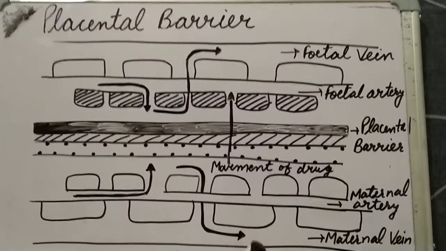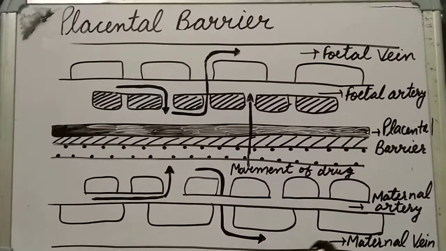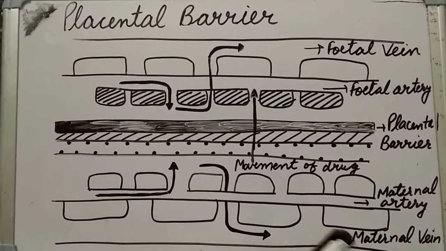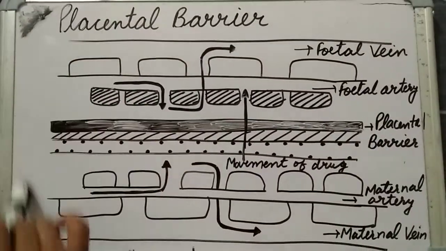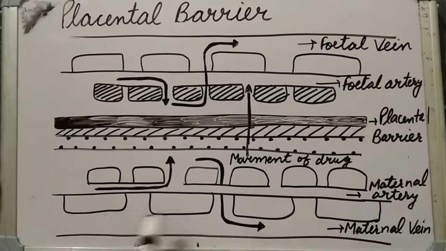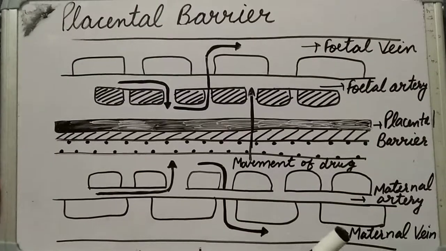Placenta is an organ which connects the fetus to the mother through the umbilical cord. This is placental barrier and it can also act as a barrier for the drug movement from one side to the other.